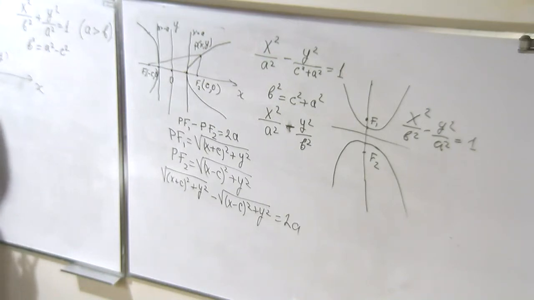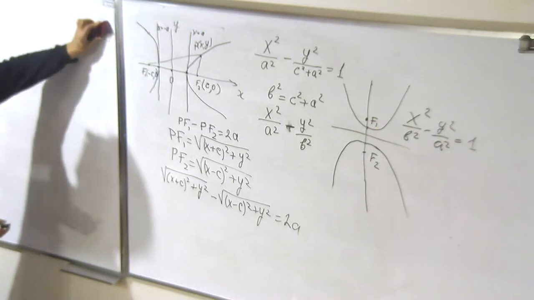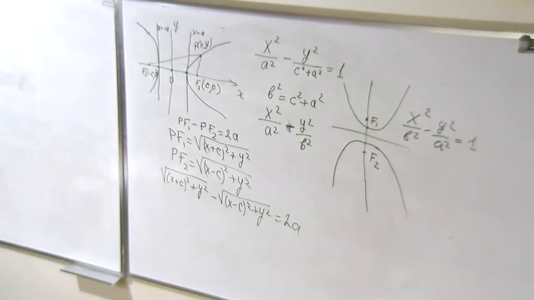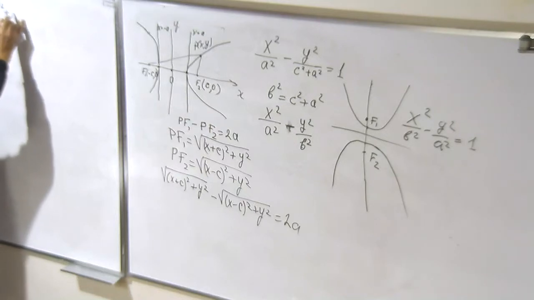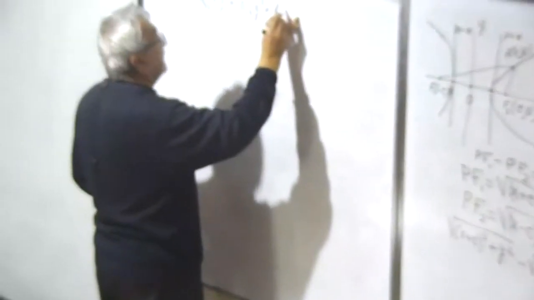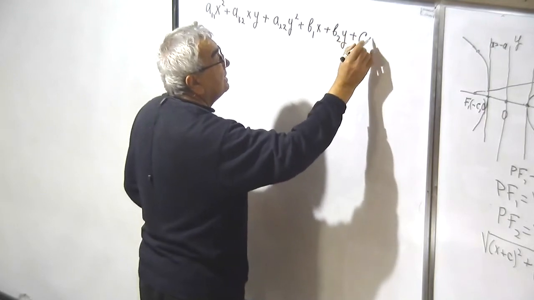Because if you have the following equation, which is second order, that means x and y have the power 2: a11 x square plus a12 x y plus a22 y square plus b1 x plus b2 y plus c equal to 0.